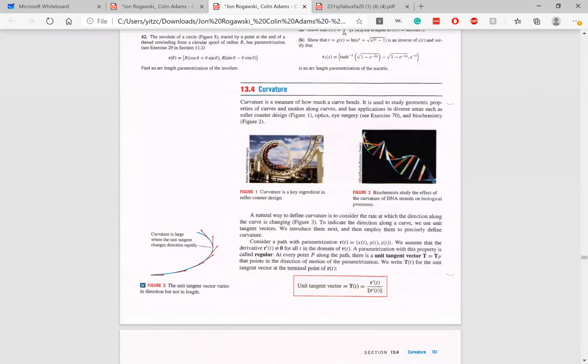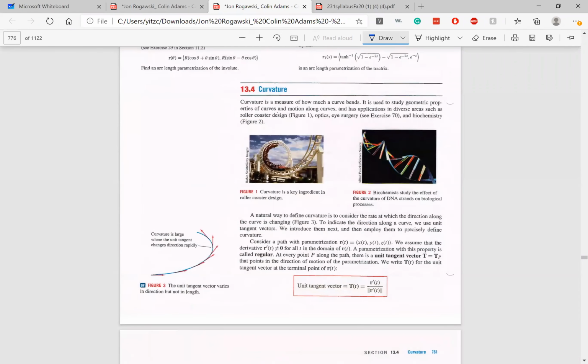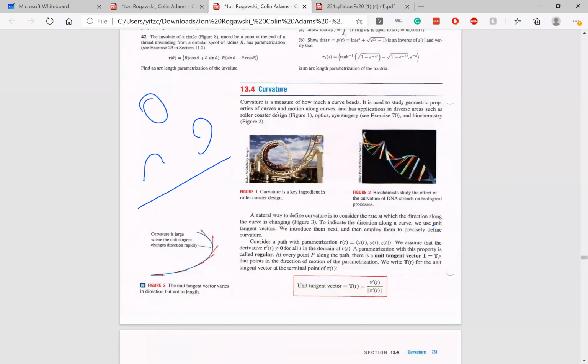So when you have curves, you might want to find the curvature of these curves, how curvy they are. So a line would not have any curvature. Maybe this would have some curvature, a circle would have some curvature, and so on. So the first thing that they want us to know is what the unit tangent vector is.